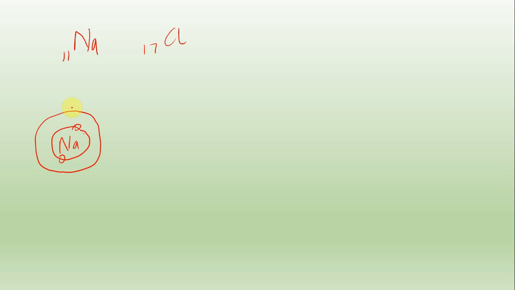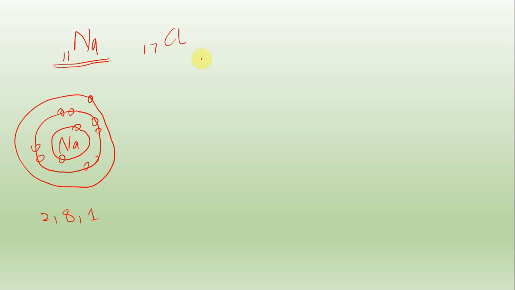In the second shell it has 8 electrons, and in the last shell sodium has only 1 electron. So the electronic configuration of sodium is 2, 8, 1.